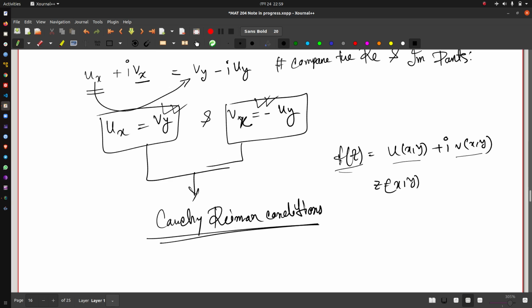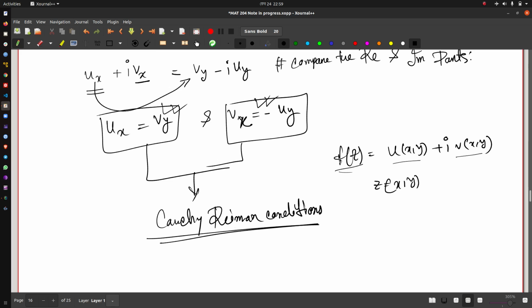That means we know about the Cauchy-Riemann conditions, we know about some function, and if we check that the real and imaginary components of the function satisfy the Cauchy-Riemann equations, then we say okay, this is a necessary condition.